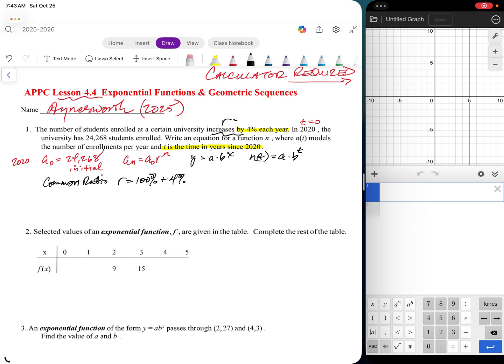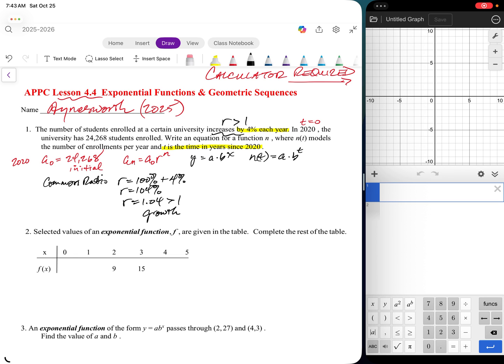So r is 104%. As a decimal, r is 1.04. That's your growth factor, or actually your growth rate. In sequence jargon, it's the common ratio, but it's greater than 1, so it's growth.